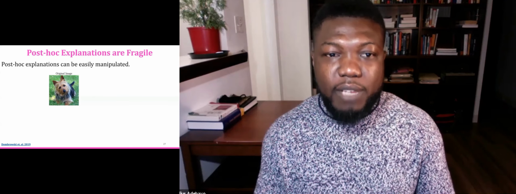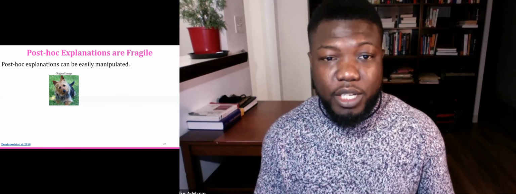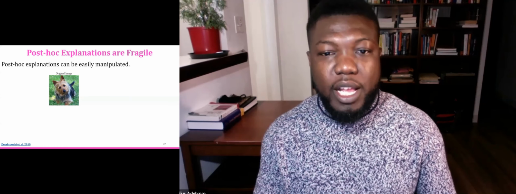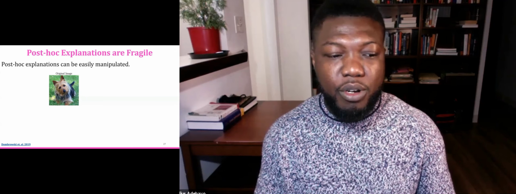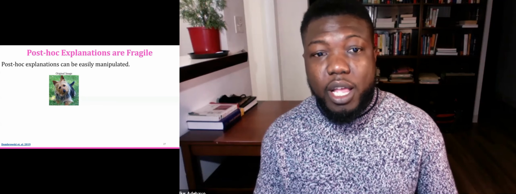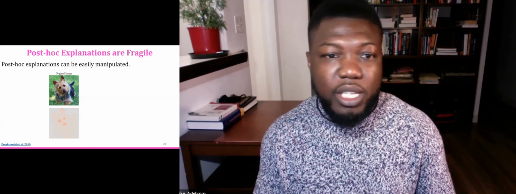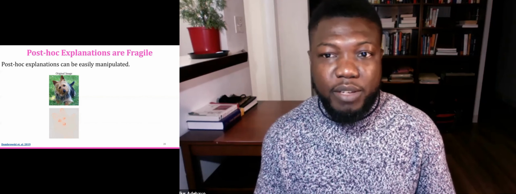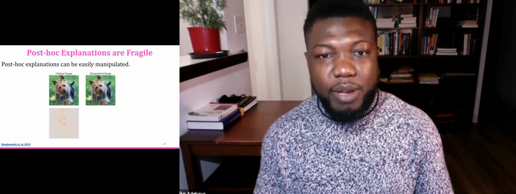So the high-level takeaway here is that post-hoc explanations are fragile and can be easily manipulated. To give you an example of that, we use a case study from the work of Dombrowski et al. Let's say we're given this image of a dog, and we compute the saliency map for a prediction on this image from, say, a VGG16 model. And we obtain the saliency map as shown.